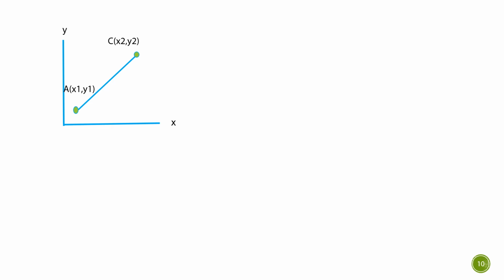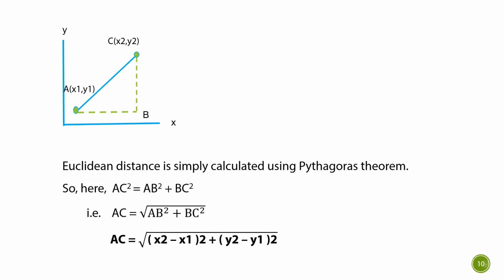Now, as this is a two-dimensional plane, it is represented by the axes x and y. Euclidean distance is simply calculated using the Pythagoras theorem, that is AC square equals AB square plus BC square. So, AC equals the square root of AB square plus BC square.